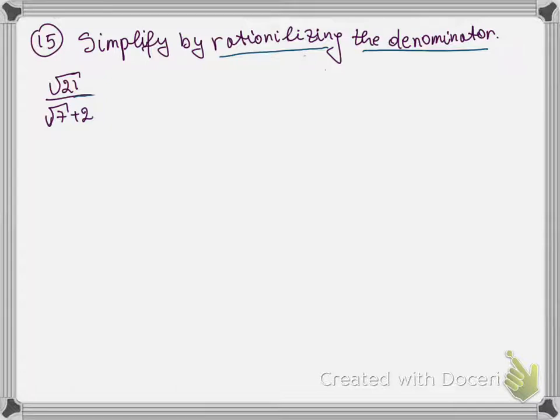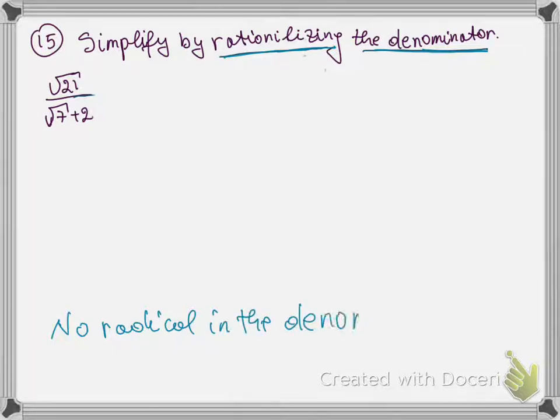We're asked to simplify by rationalizing the denominator. Rationalizing the denominator means no radical in the denominator. Radical means square root, third root, and so on.